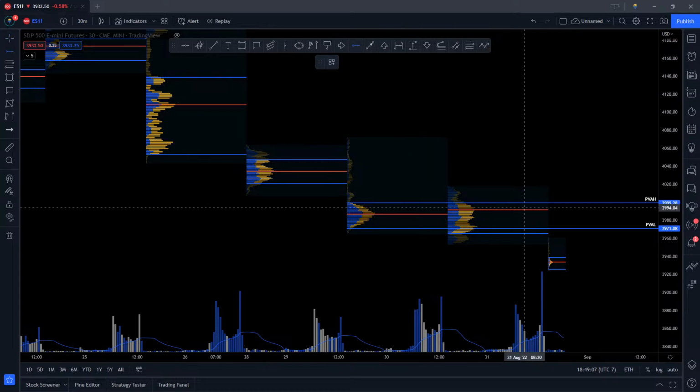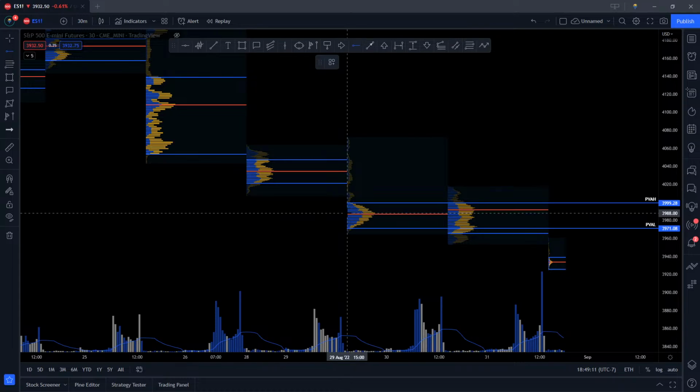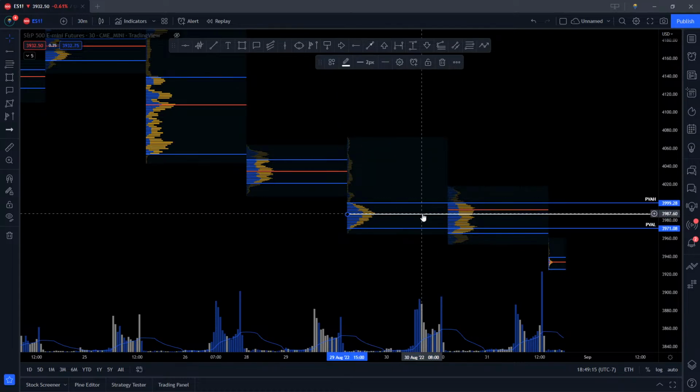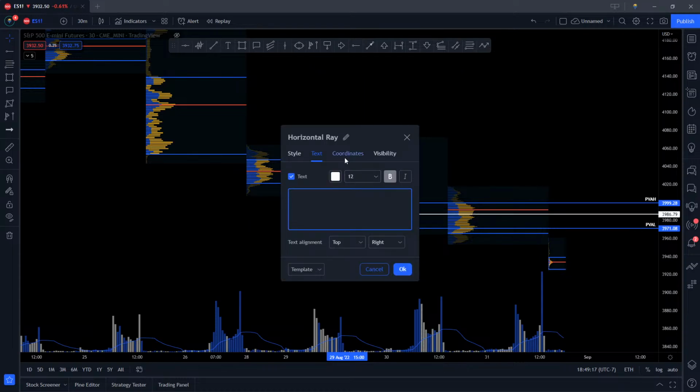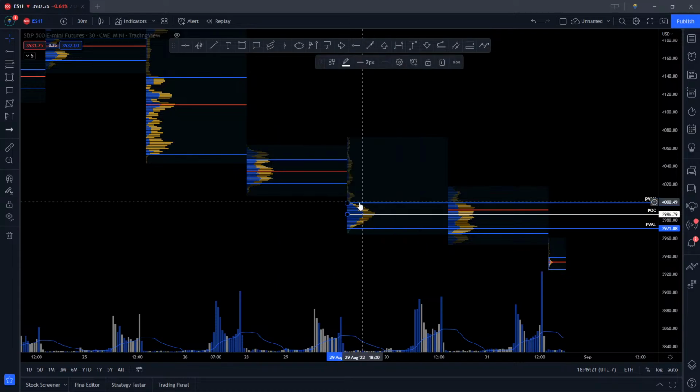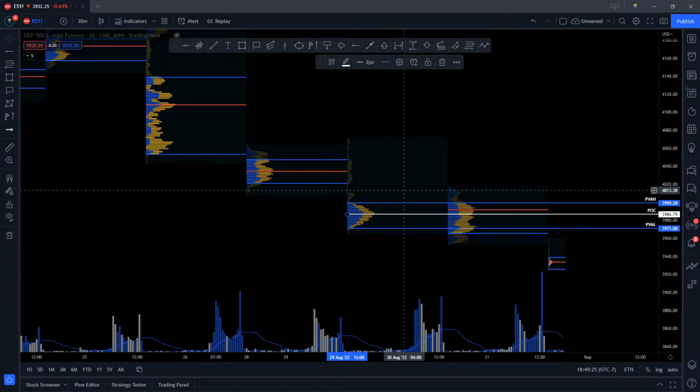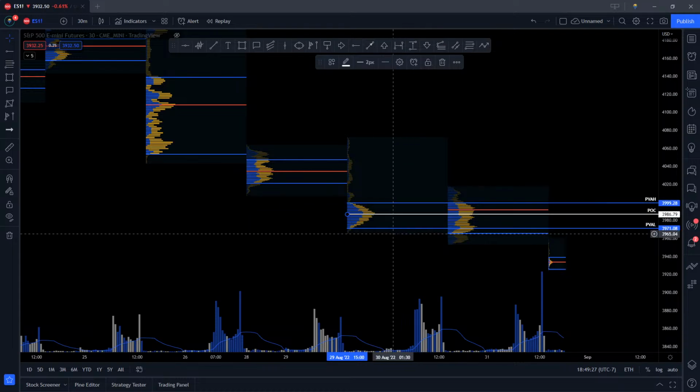We always want to be aware of the POC because this is an area where we might see a rejection or a bounce. So if we're coming from the top, you want to look at where your POC is relative to your value area high and low.